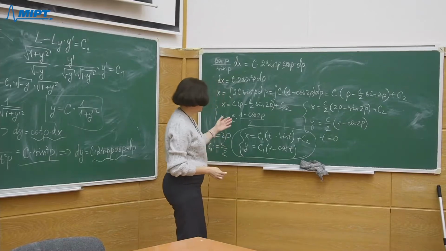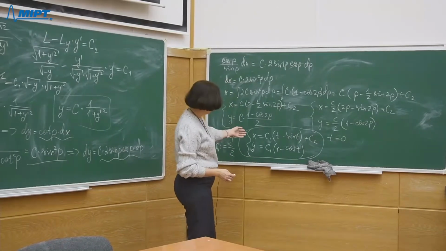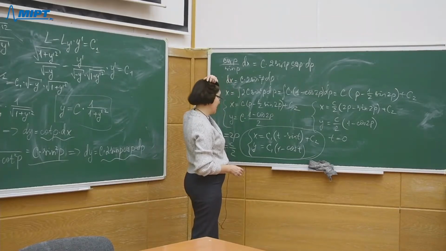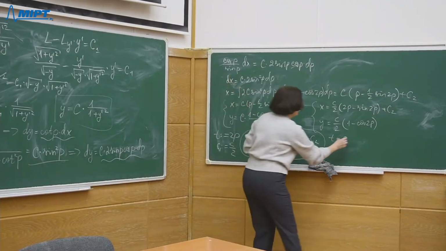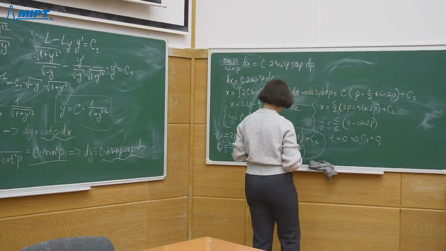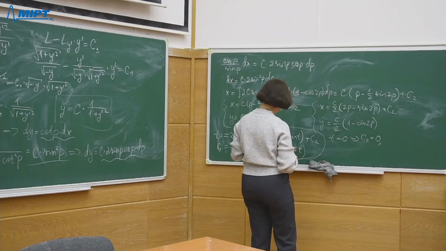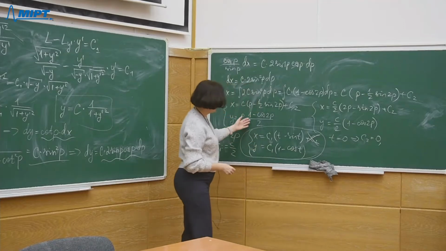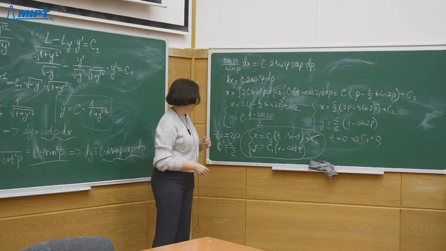We start with the time t equals 0, and so x will be equal to c2. So c2 is 0, and that's all. So this is eliminated, and we get this condition.